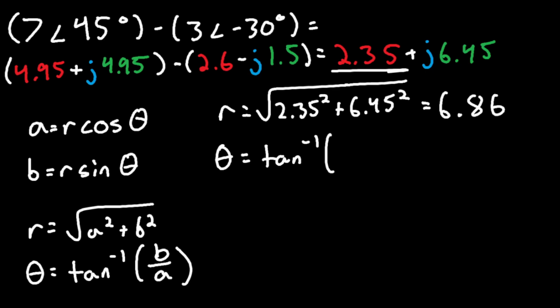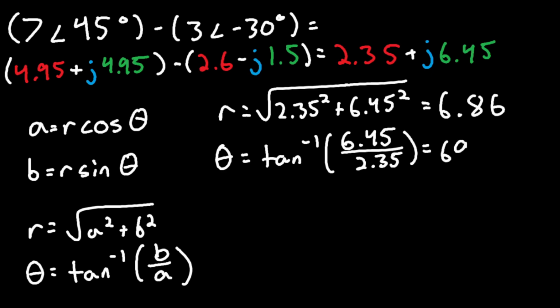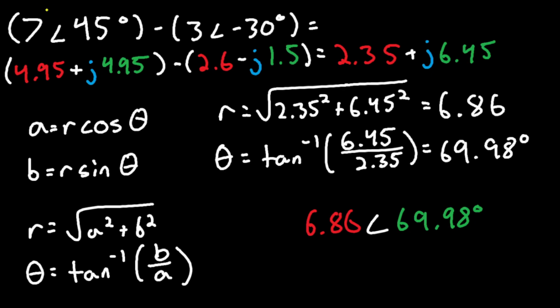B is the imaginary number, a is the real number, so 6.45 over 2.35. And this just equals 69.98 degrees. So if we write this answer in polar coordinates, you should get 6.86 for the magnitude of the polar coordinate, and the angle is 69.98 degrees.